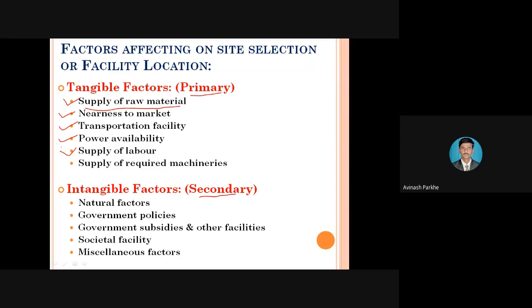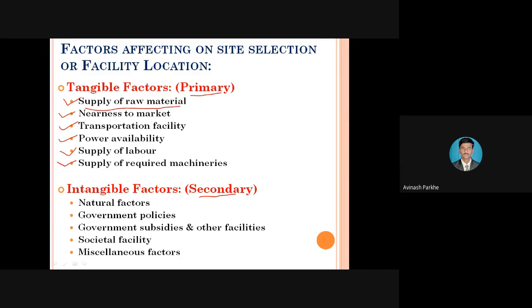It may be unskilled labor, but the supply of labor plays a very important role. If we start our industry in the MIDC areas, most of the time labor is available. Therefore, it will be considered under the tangible factor or the primary sources.